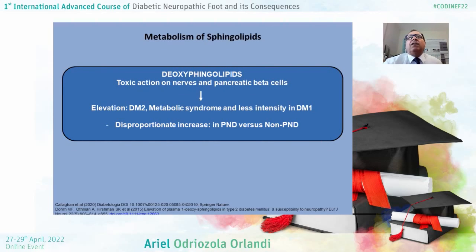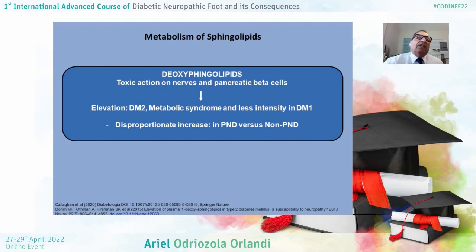Finally, deoxysphingolipids have a toxic action on nerves and pancreatic beta cells, because the diabetic metabolic syndrome, and with less intensity type 1 diabetes, promotes a disproportionate increase of these deoxysphingolipids, which act on ATP production in the mitochondria, resulting in a low level of ATP and generating oxidative stress.